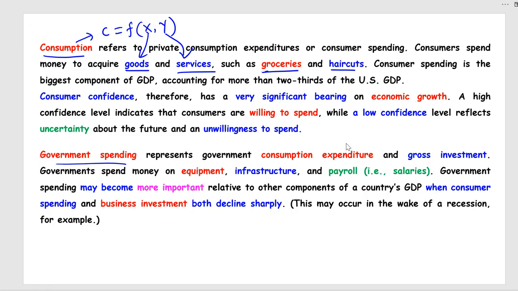Not only that, G is another function, for example, another phi. G is a function of some equipment, infrastructure I, and payroll, that means salaries, PR. So another three main variables are there.